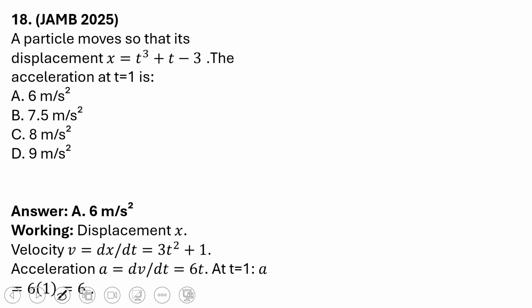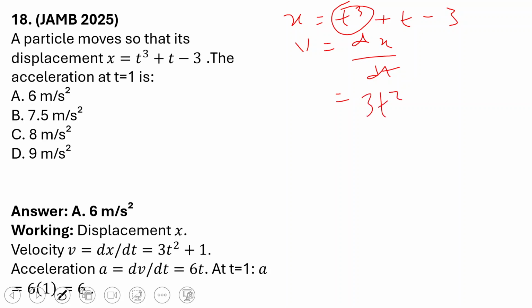Displacement x is equal to t cubed plus t minus 3. If I want to get v, v will be dx/dt, right? So velocity is what I get first. Differentiating this, the first term will be 3t squared plus 1, right?